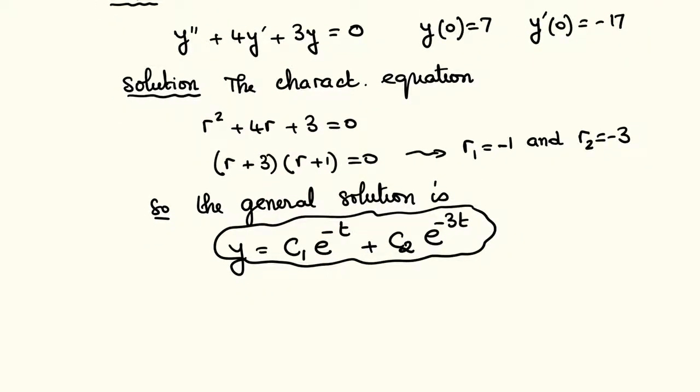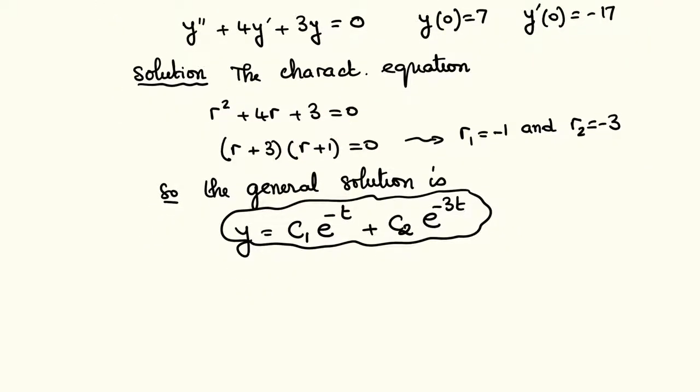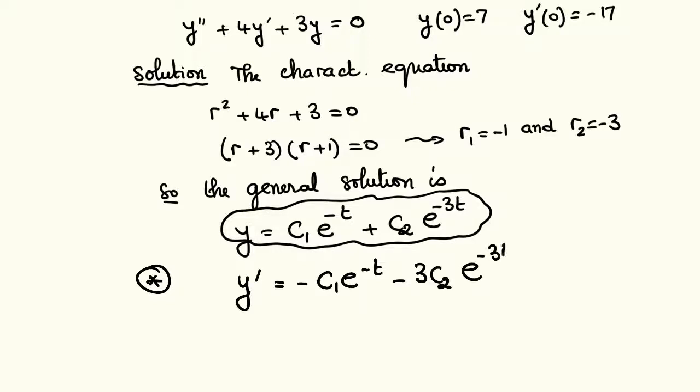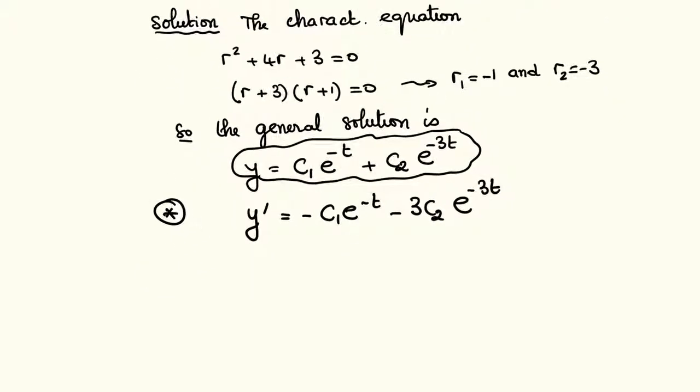Now we need to use the initial conditions. First, perhaps I need to differentiate. That will give us y dash equal minus c1 e^(-t) minus 3 c2 e^(-3t). Once we have that, then we can write y of 0. We substitute here. We put t equal to 0. So that will give us c1 plus c2.